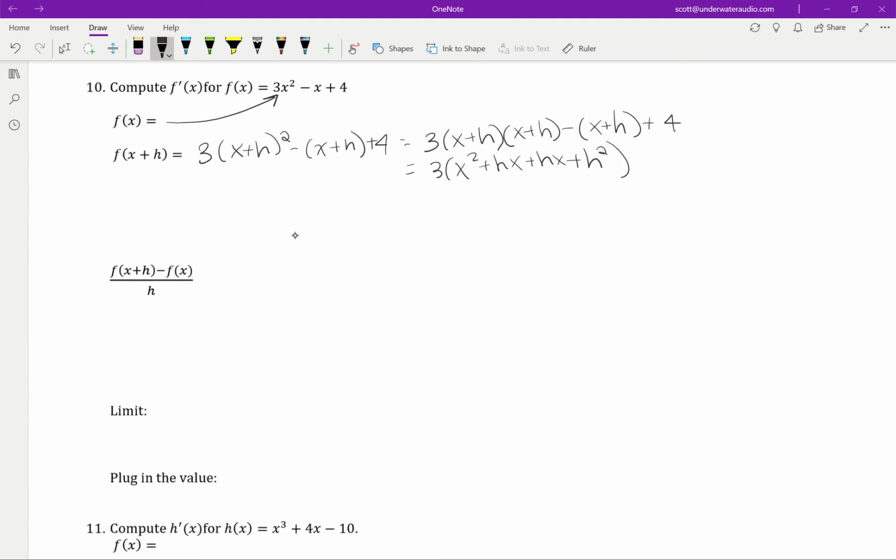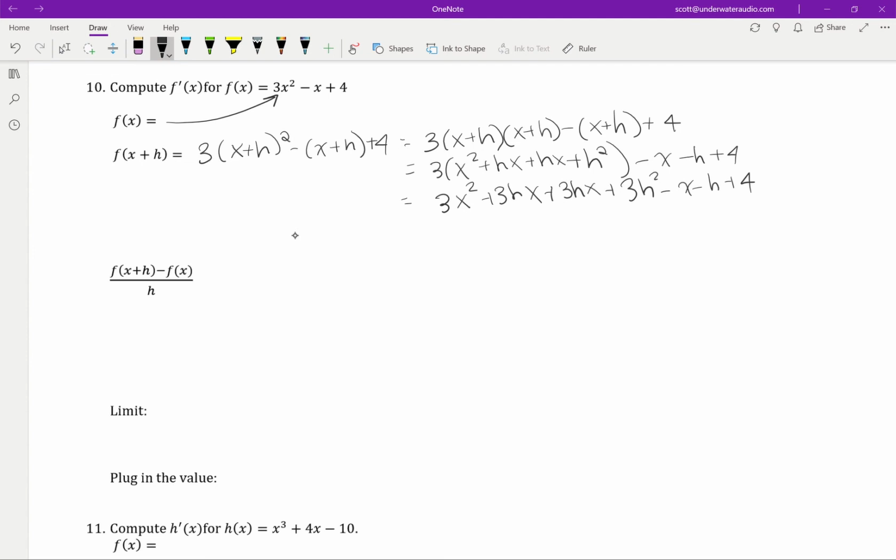Then I'm going to multiply this negative out, minus x minus h plus 4. So 3x squared plus 3hx, I'm multiplying the 3 through, plus 3hx plus 3h squared minus x minus h plus 4.